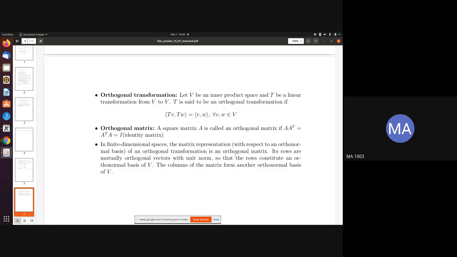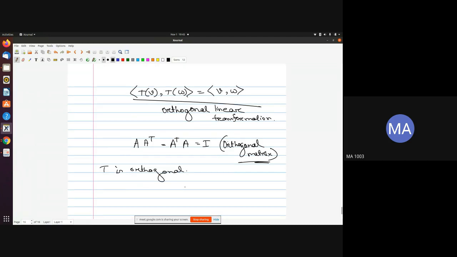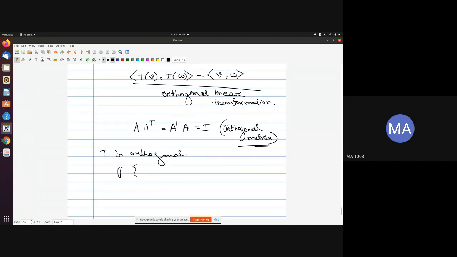Okay. So we have an orthogonal linear transformation, T is orthogonal. Now, if I have any basis beta which is not orthonormal, then the matrix representation with respect to this may not be an orthogonal matrix. This is really important.